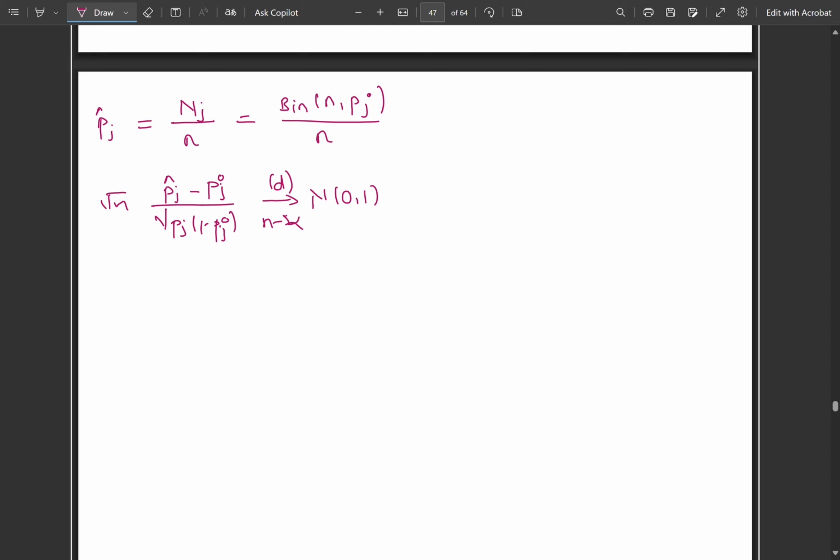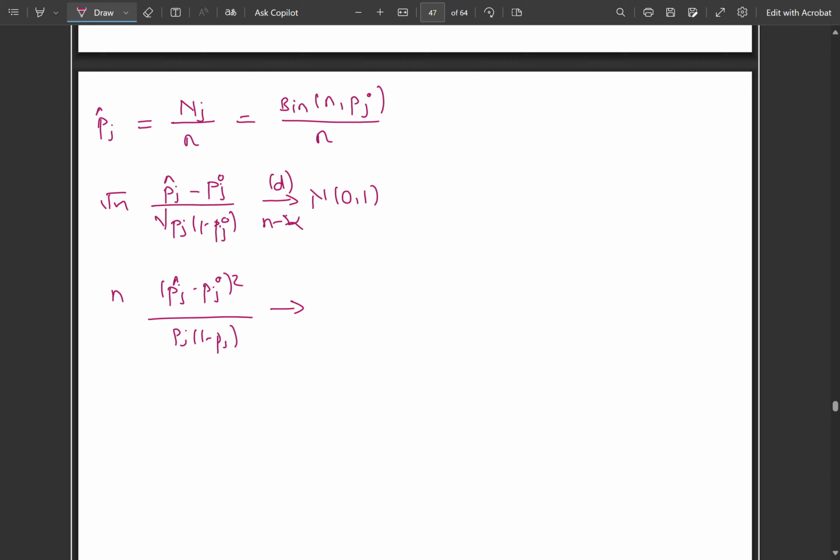Now what if we square both sides? What would happen? Think about it. If you square both sides, then the square root of n becomes n, and p hat j minus p naught j becomes squared, divided by pj times 1 minus pj.